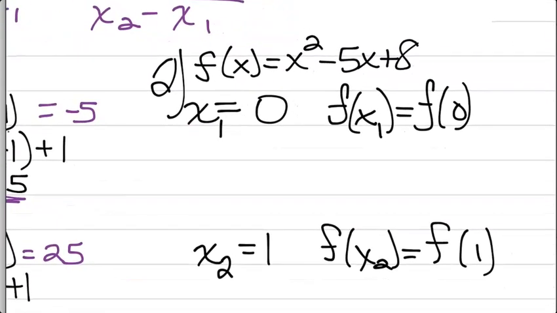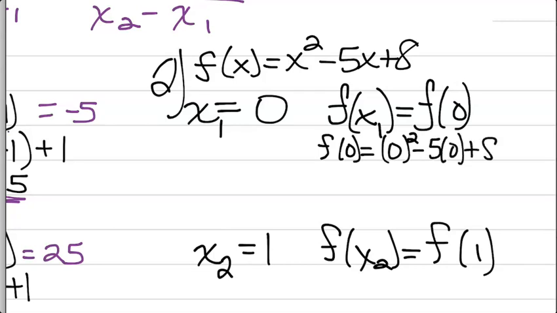So on number 2, when I plug 0 in for my x on that f of x function, I have 0 squared minus 5 times 0 plus 8. And that's going to clean up to an 8. So that means f of x1 is equal to 8.